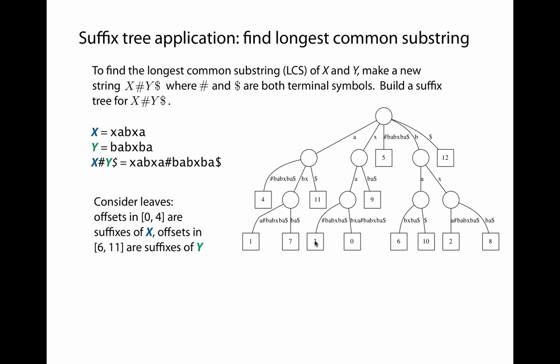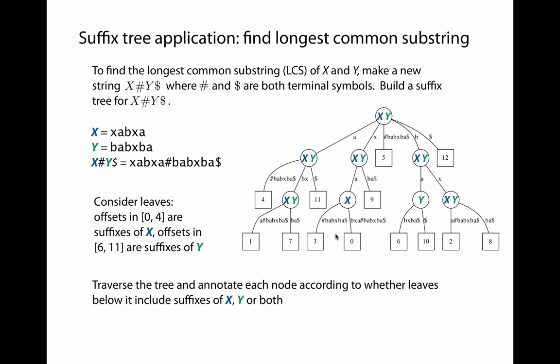So the procedure that we can use is the following. We can traverse the whole tree, doing something like a depth first traversal, and annotate each non-leaf node according to whether the leaves below it include suffixes of x or suffixes of y or both. The node we already considered, the leaves under this node correspond only to suffixes of x, not to suffixes of y.